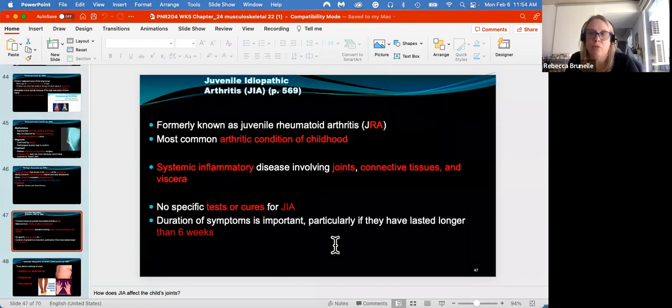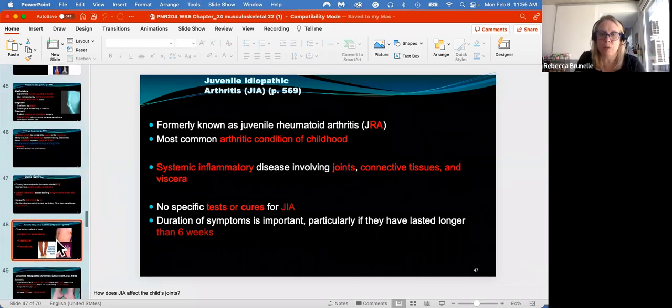So we think of arthritis as being an older adult problem, but you can have what's called juvenile idiopathic arthritis, which is actually an autoimmune disorder. So it tends to have exacerbations and remissions. And it is usually treated with common autoimmune medications like steroids.